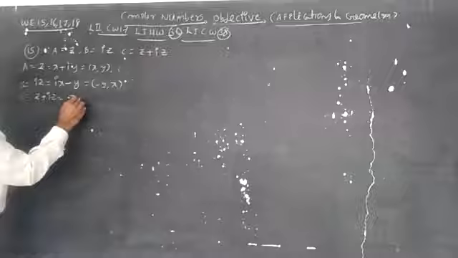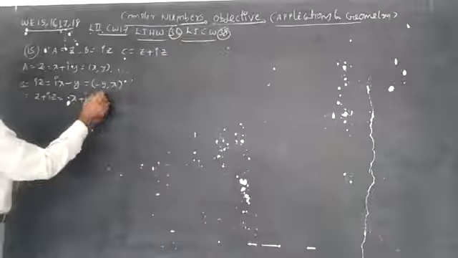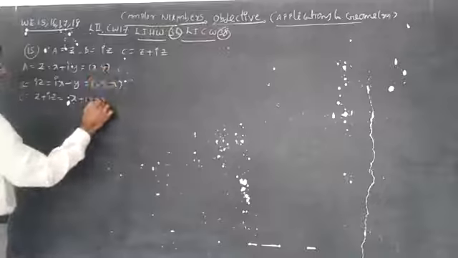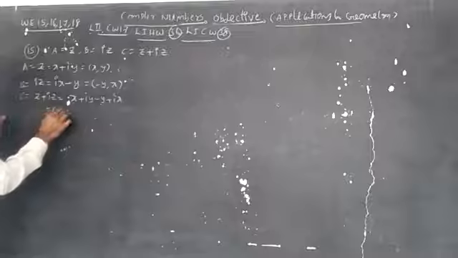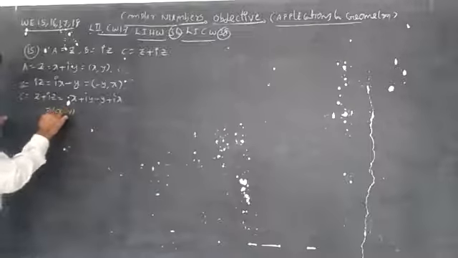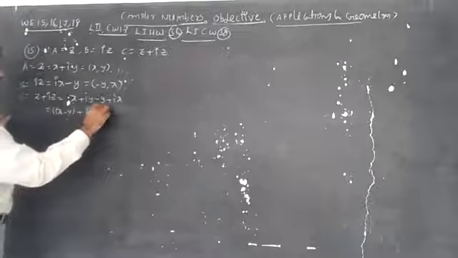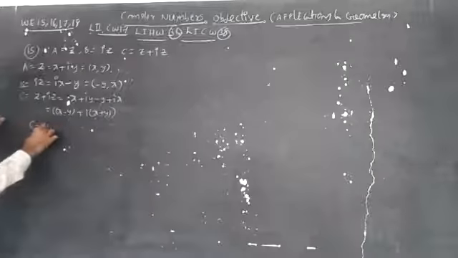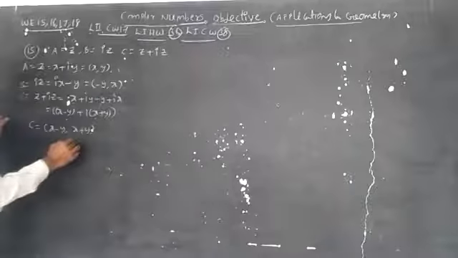So what is z here? x plus iy plus iz, which is minus y plus ix. That is equal to x minus y within brackets plus i into x plus y. So C, according to geometry, is x minus y comma x plus y.